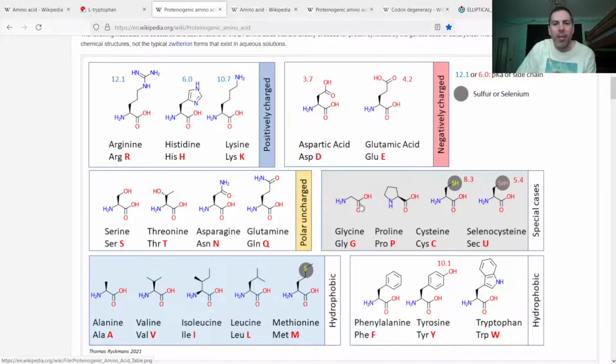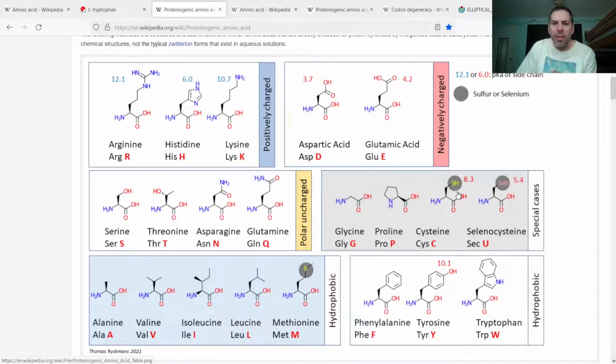So it's neither hydrophobic nor hydrophilic. Proline is going to make an irregular backbone where it shifts it from being a nice smooth backbone to having a jagged kind of turn in it.